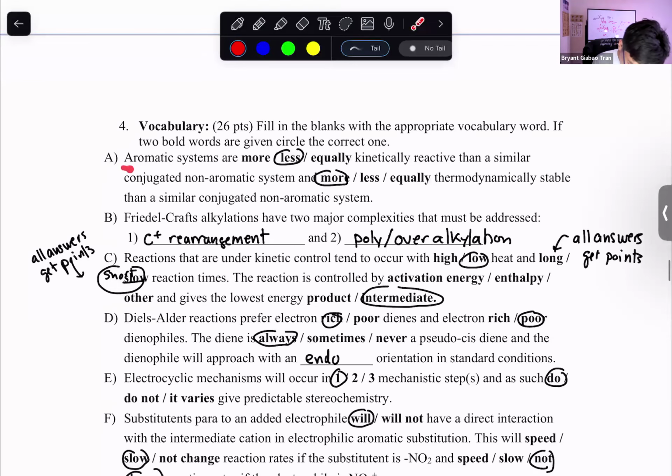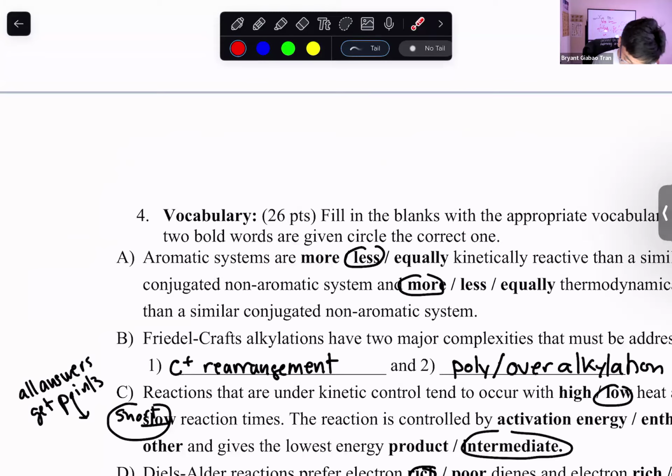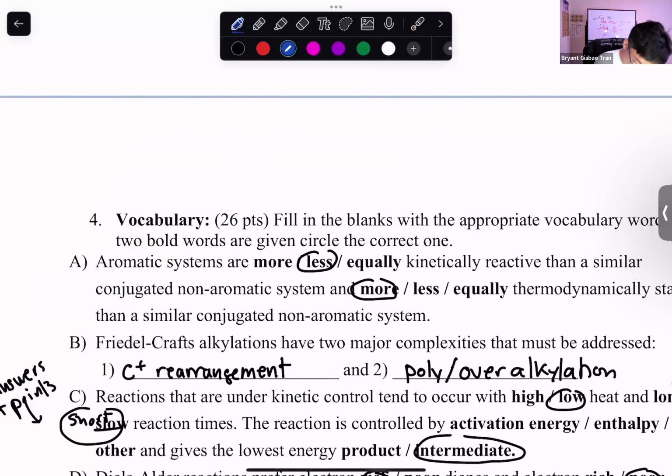So aromatic systems are more or less equally kinetically reactive than a similar conjugated non-aromatic system. So what they're asking for here is that would the intermediate of an aromatic system be more or less stable, right? So let me give you a clear example.